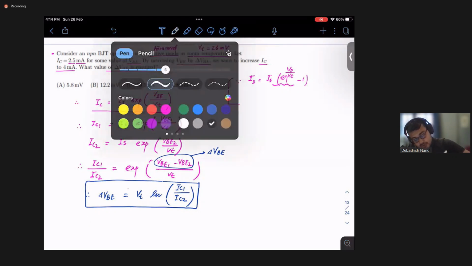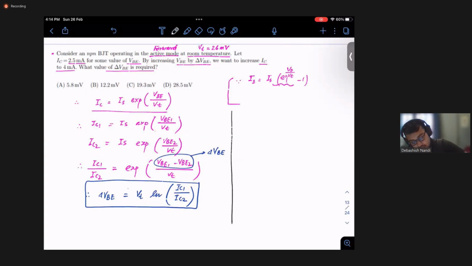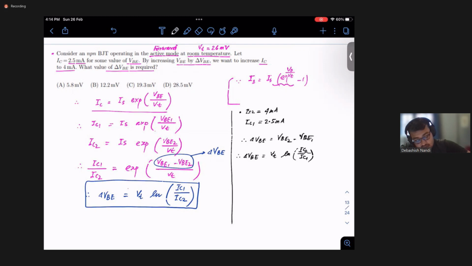Suppose in the question it is given that IC2 is equal to 4 milliampere and IC1 is equal to 2.5 milliampere, right? So your delta VBE, that is VBE2 minus VBE1, we have just flipped the sign, okay? So your delta VBE would be nothing but VT ln IC2 by IC1, 26 into ln 4 by 2.5 millivolt.